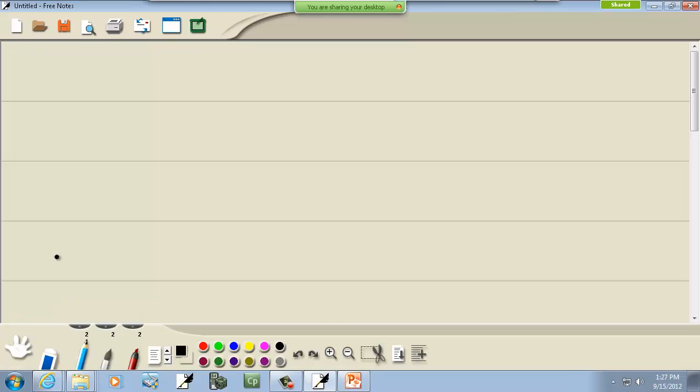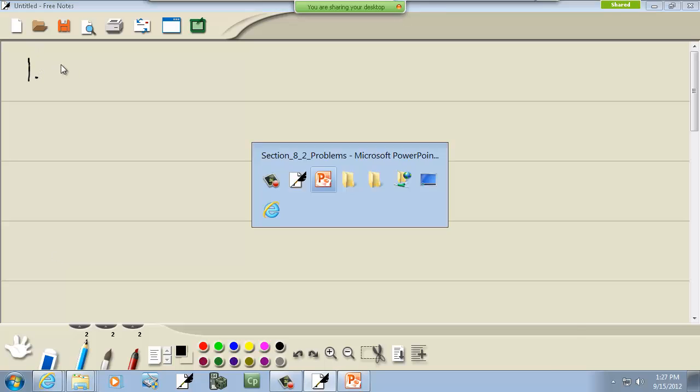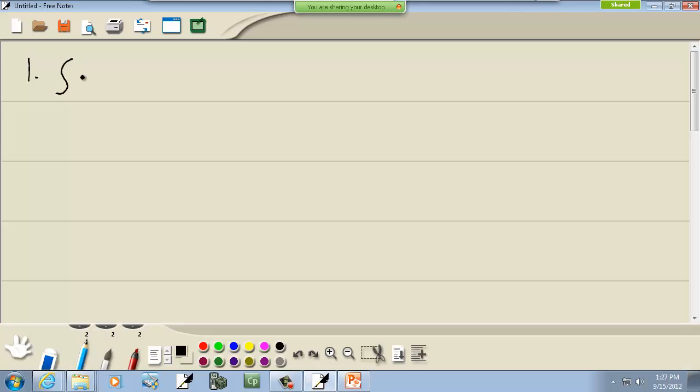Okay, so our first example, we've got the integral of x squared sine x dx. We're going to choose x squared to be our u, and we'll choose sine x dx to be our dv.